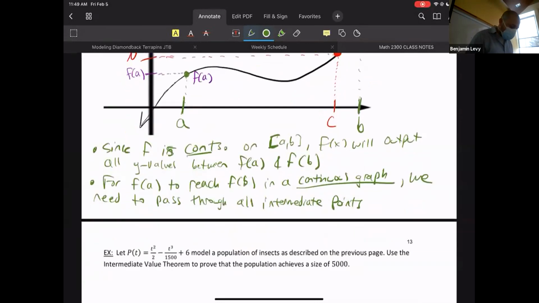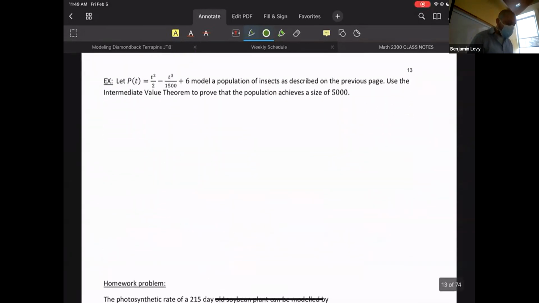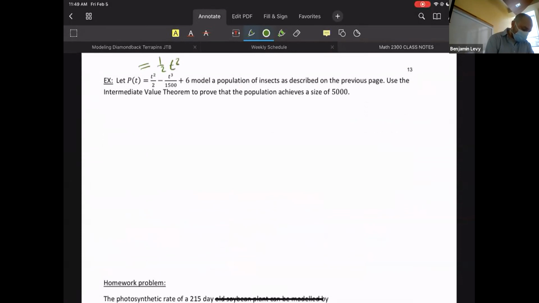So we're almost out of time here before the quiz, so I want to drive it home with this example. Let's finish the example we just did a second ago. So we've got this polynomial. In case this isn't clear that this is a polynomial, this is the same thing as this, right? Sometimes people get confused because there's denominators, but they're just fractions, like fractional coefficients. So we've got a polynomial, so it's continuous everywhere.